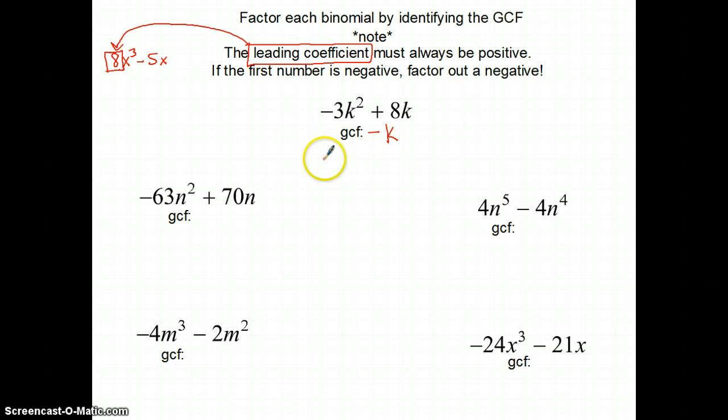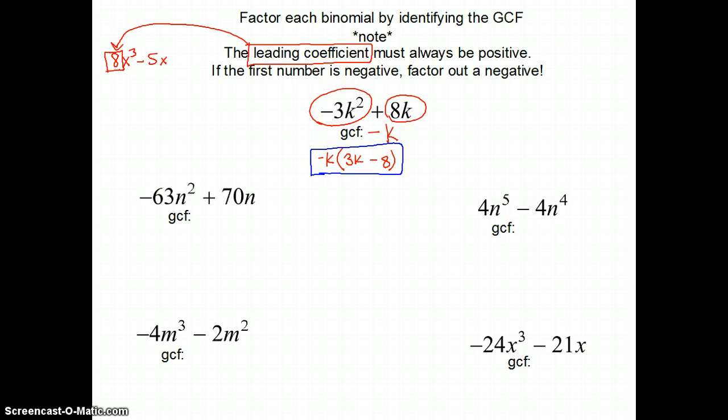So my greatest common factor is negative k. What I have left when I factor from this first term is a positive 3k, and when I factor from my second term, that positive changes to a negative 8. And I have taken out the k, so it's simply negative 8.